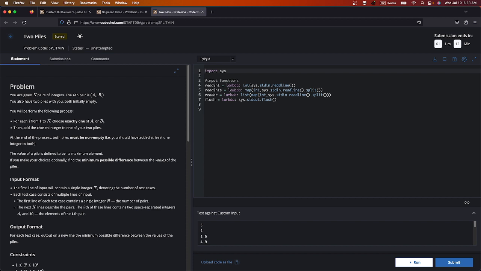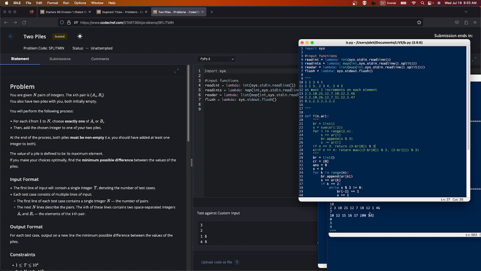Then I think what we want to do is, let's see, so we probably want to take the lower of the two values, I guess. How does this work exactly?